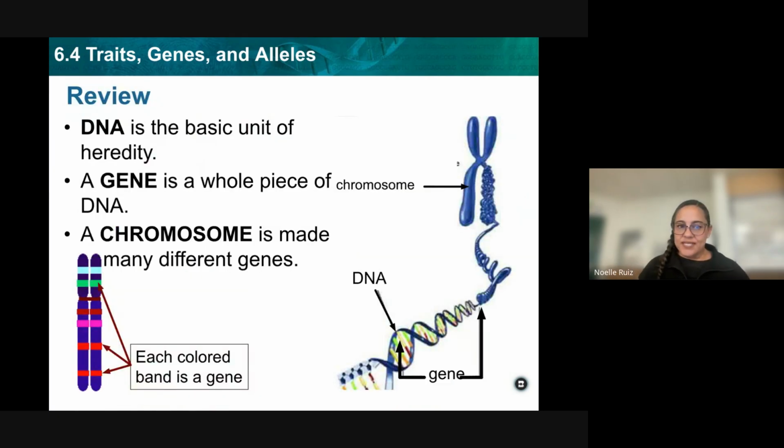So to review, DNA is the basic unit of heredity. A gene is a whole piece of DNA, and a chromosome is made of many different genes. And as you should remember from your karyotype lab last week, was it last week or the week before? Either way, our chromosomes have these stripes on them.